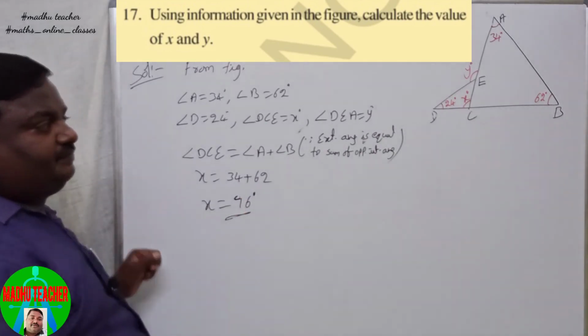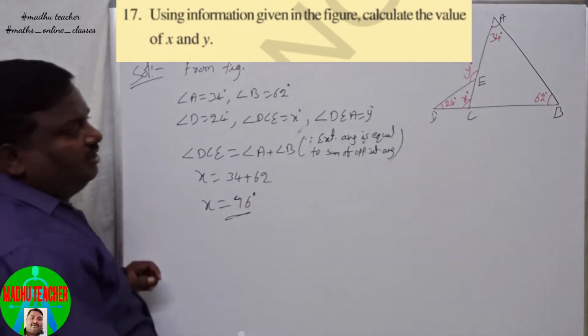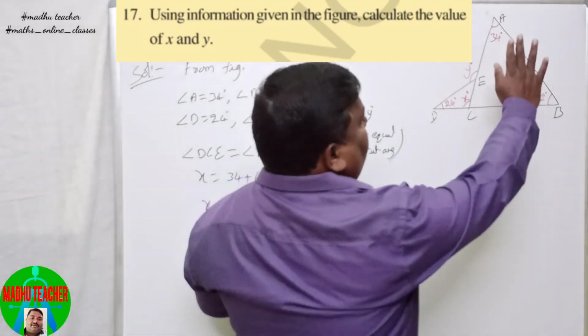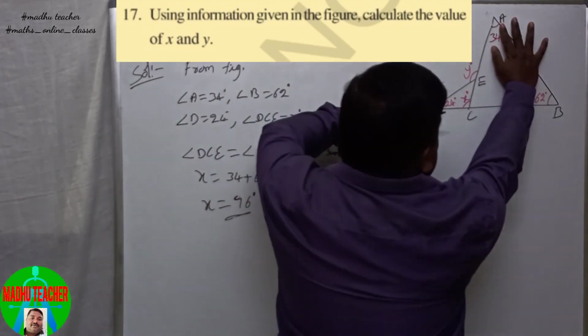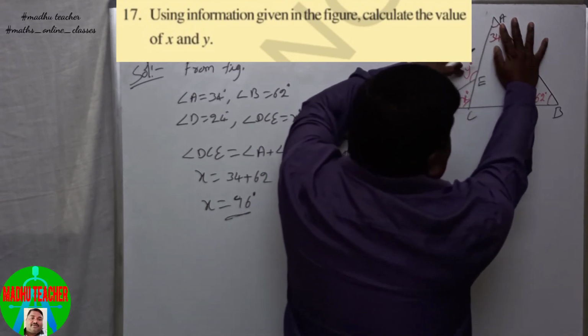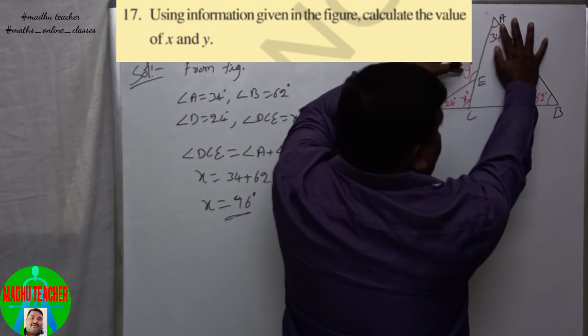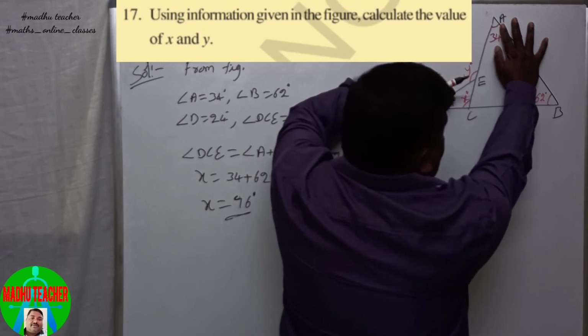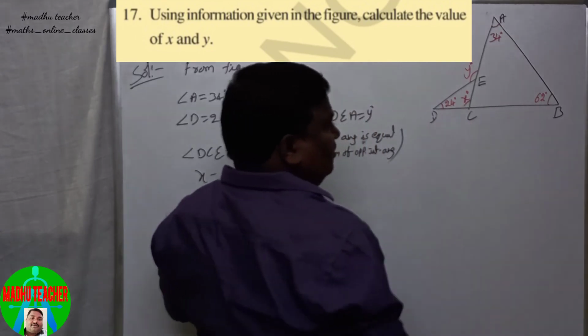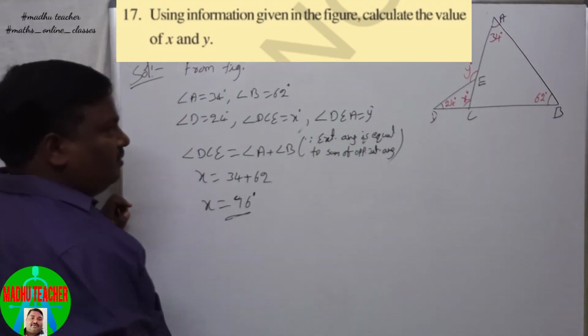Got one. Next, from triangle DCE. DCE is extended to A and y is the exterior angle. So y equal to sum of opposite interior angles. That is, exterior angle equal to sum of opposite interior angles.